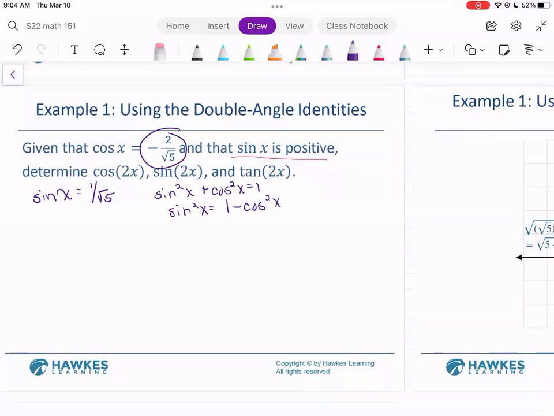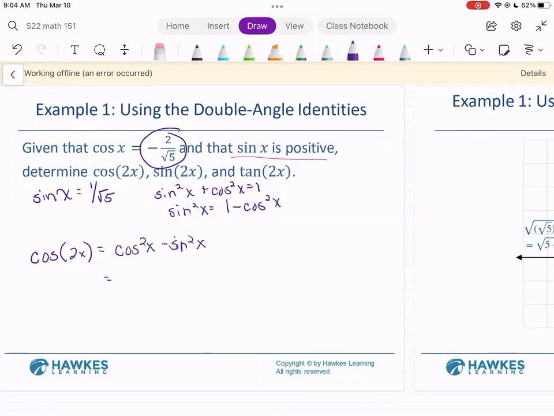Using the identities that we just showed, we can then calculate the cosine of the double angle 2x, which is cosine squared of x minus sine squared of x. Our cosine squared of x is 4 over 5 minus 1 over 5 for sine squared of x, which becomes 3 over 5 for the cosine of 2x.